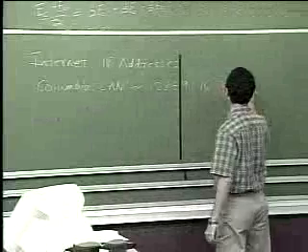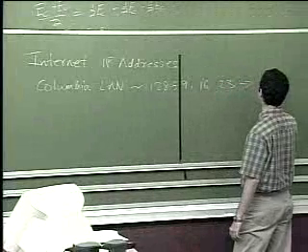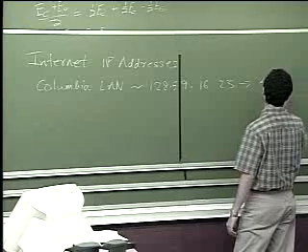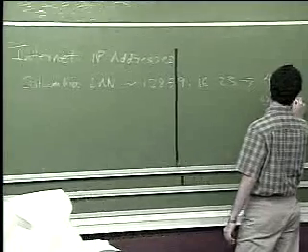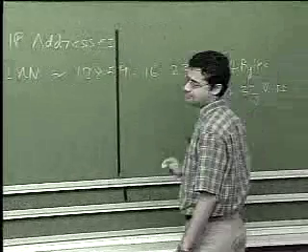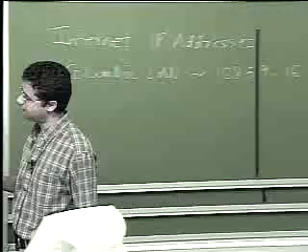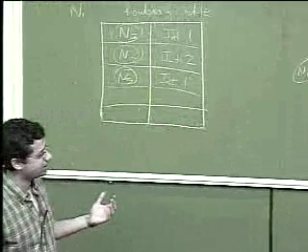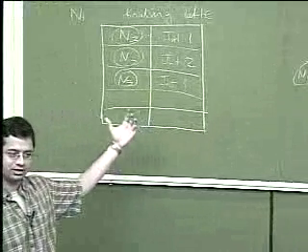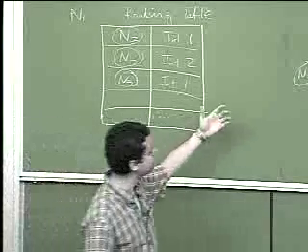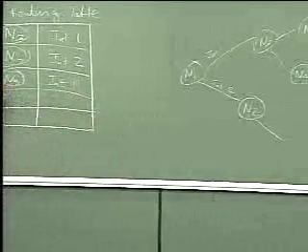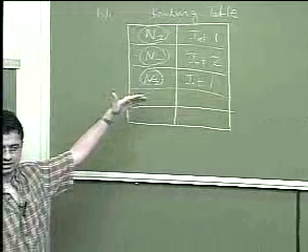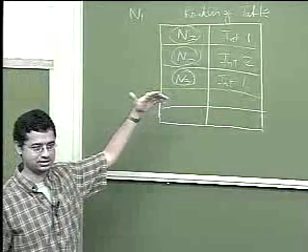Look at this address. This is 4 bytes or 32 bits. If you have a router which has to construct a table for every possible node on the internet, then you have to have a table which has an entry for all possible addresses, which is 2 raised to 32, which is 4 gig.